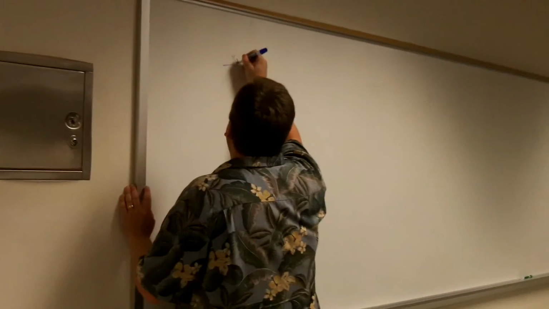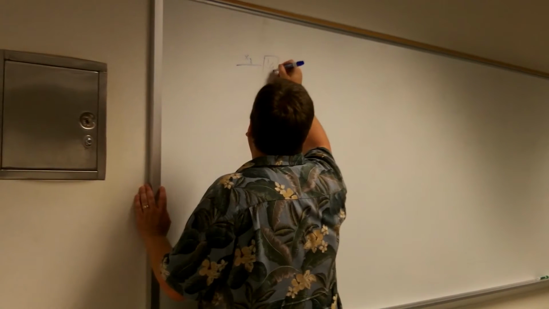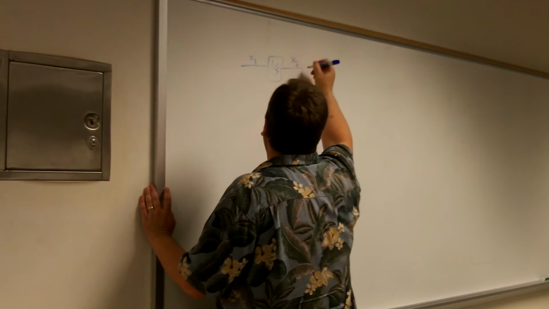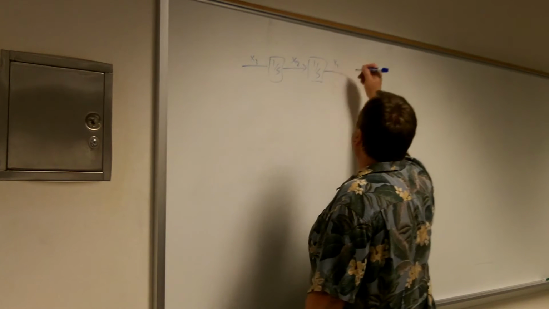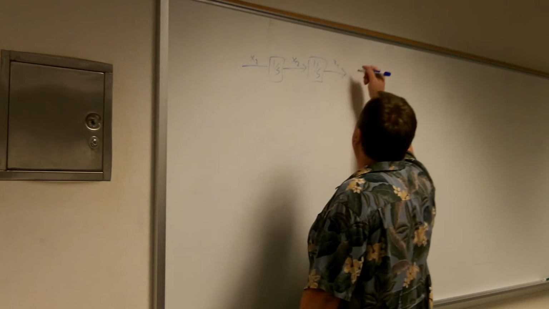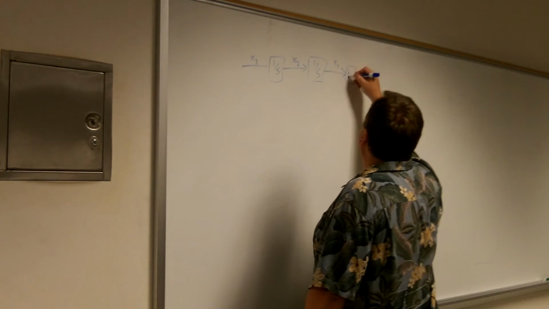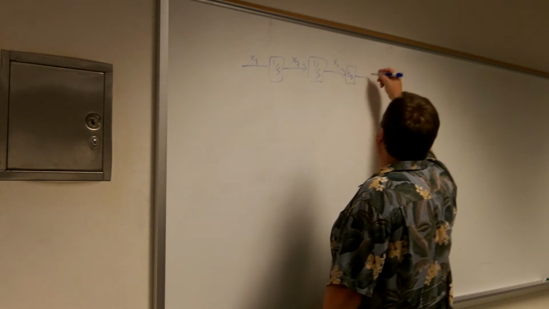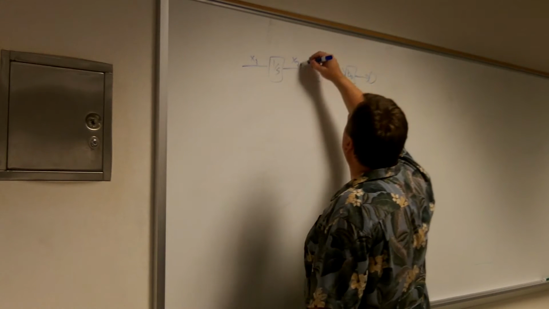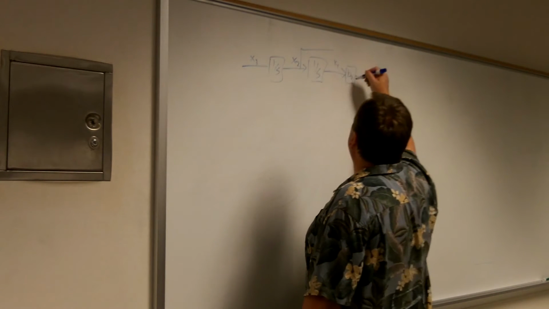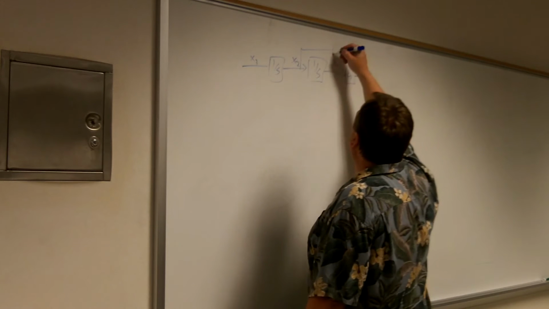I believe the original had x3, 1 over s x2, 1 over s x1, and I think I had b0, b1. You will have to help me remember if I get something wrong here.